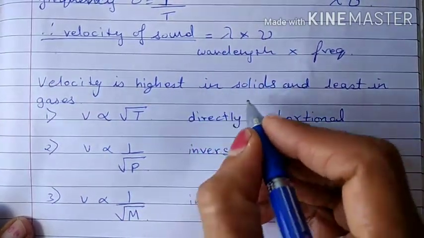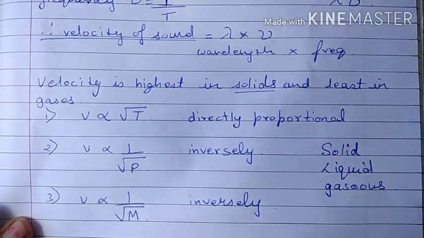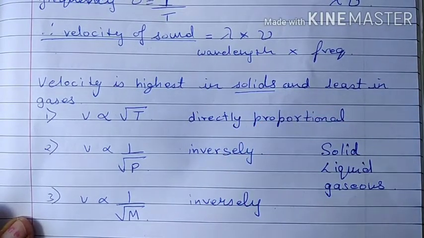The reason is, in solids the materials are placed very close to each other, they are very tightly coupled. So sound को एक अच्छा medium मिल जाता है traverse करने के लिए. Whereas in gases the materials are placed at quite some distance. So therefore it takes time for the sound waves to traverse.